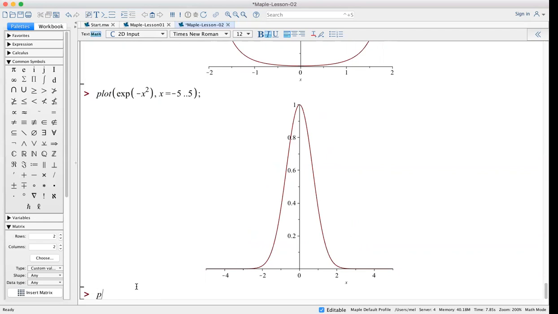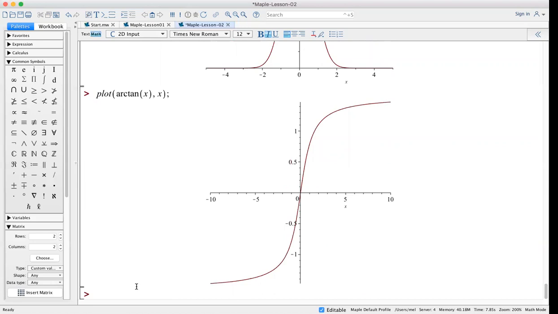And the last thing we are asked to plot is the arctangent of x. That's what it looks like. Make this a little bit wider. That's what it looks like. That's the arctangent.